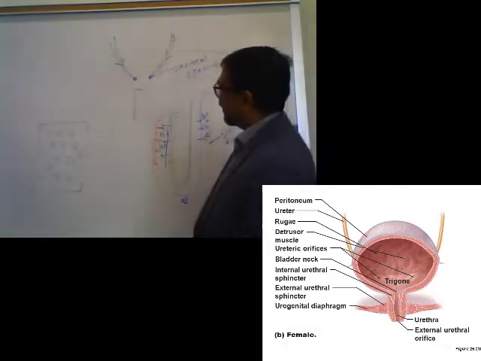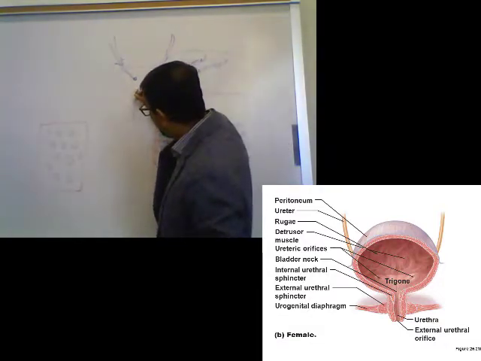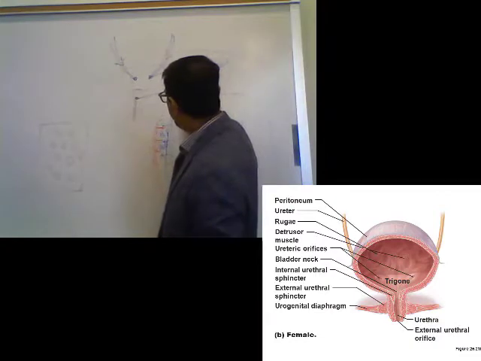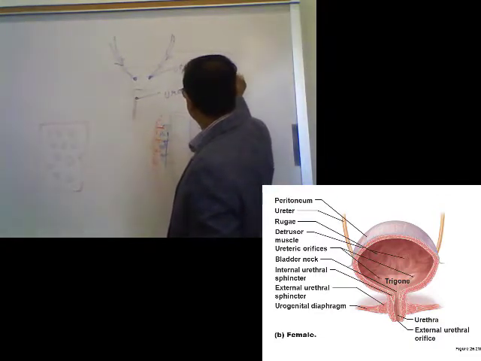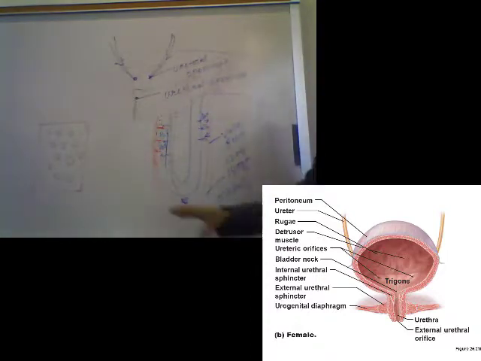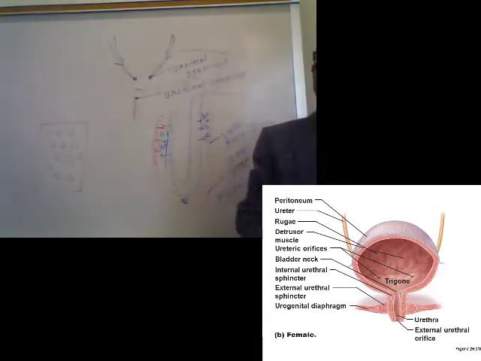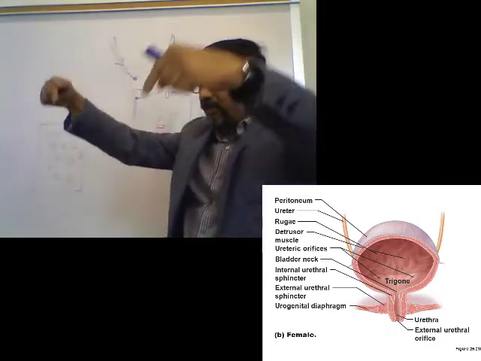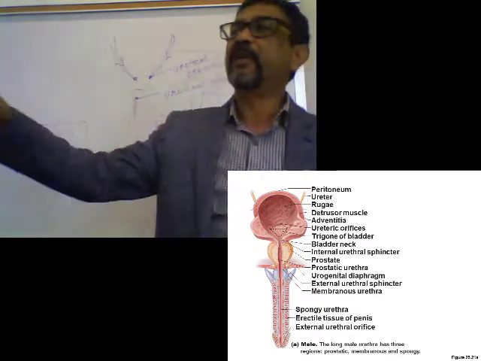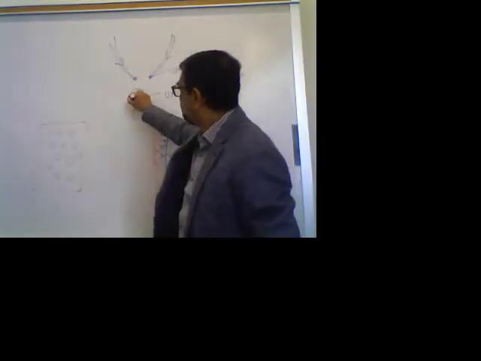So urine gets in, and this opening is for urethra. This is called urethral opening. So there are three openings inside the bladder. Two for the ureters, ureteral, one is for urethra. Urine gets out.